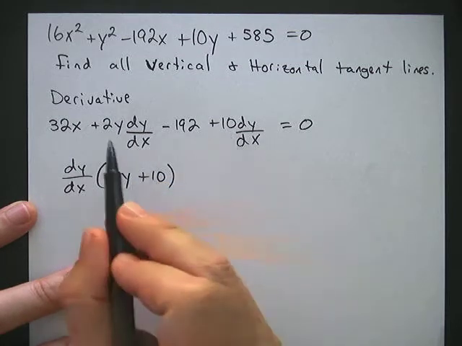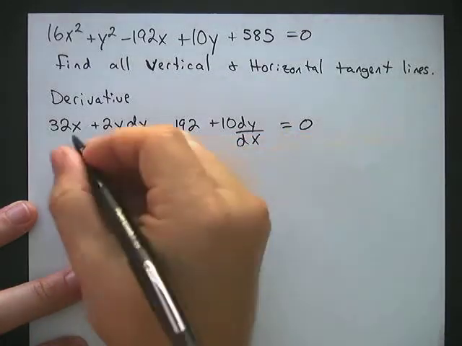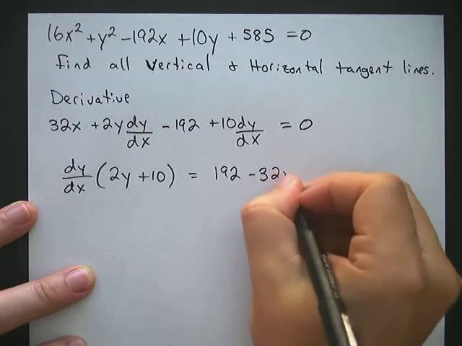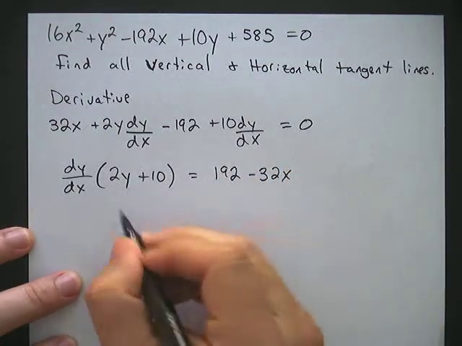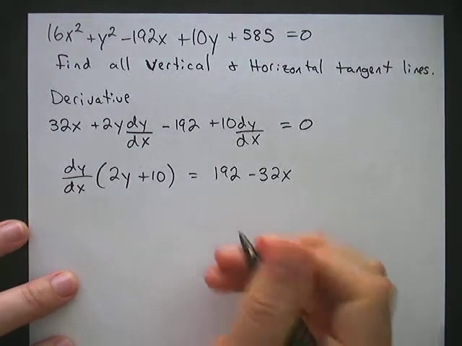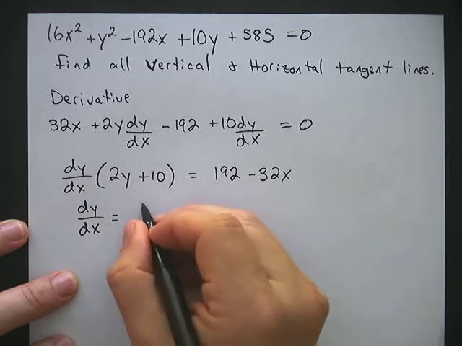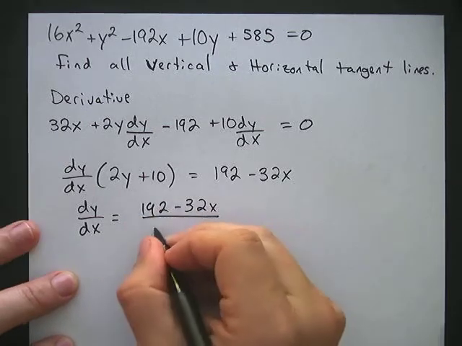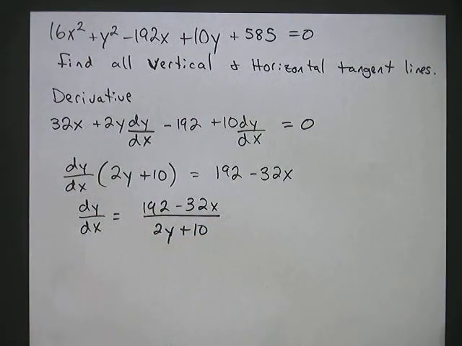So 2y plus 10, times dy dx, equals, and these two terms moved over, 192 minus 32x. When we divide over to get dy dx by itself, we get dy dx equals 192 minus 32x over 2y plus 10. So that's our derivative.